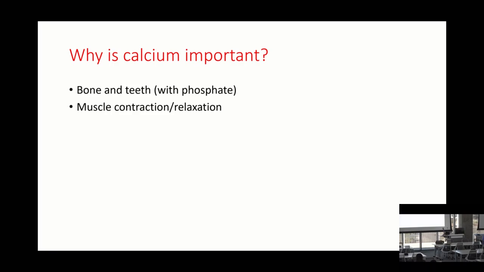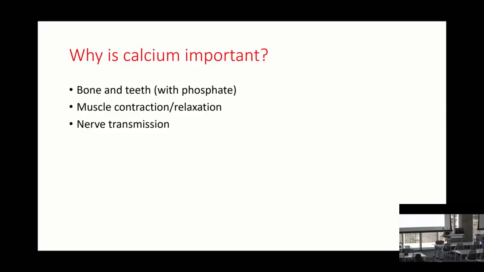Why do you get spasms when you don't have enough calcium? Nerve conduction, okay? It's important for nerve conduction, and inadequate calcium leads to the nerves becoming very unstable, tremulous, and hyperexcitable because of the lack of calcium.